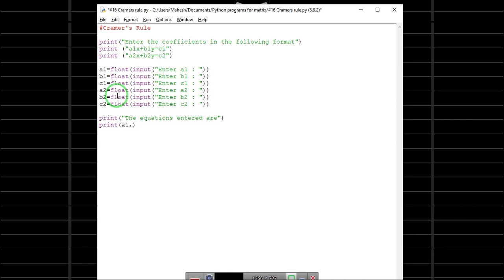So let us put this x plus, close this, b1, again this y in the comma, y, then we have equals to, here's the comma, c1. Right, and similarly we will have a2x plus b2y equals c2. Let me just copy this.